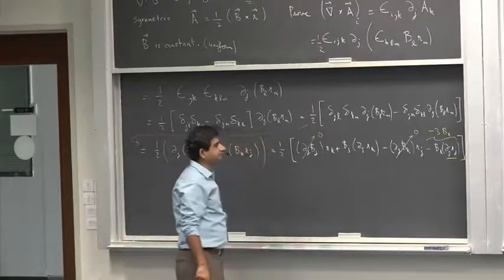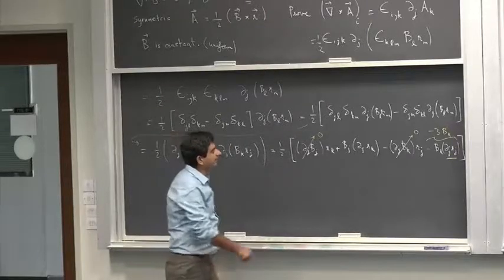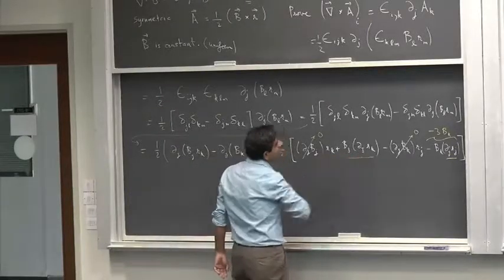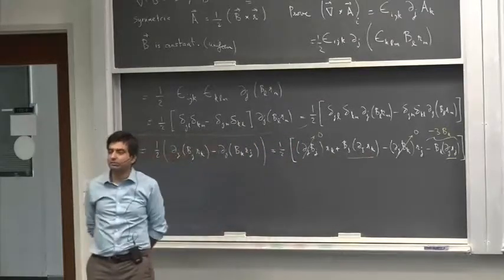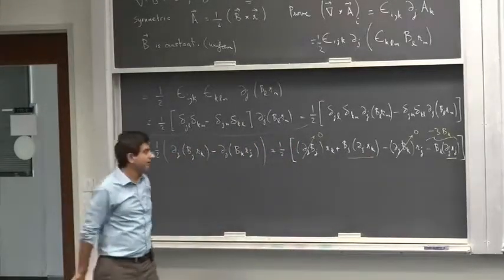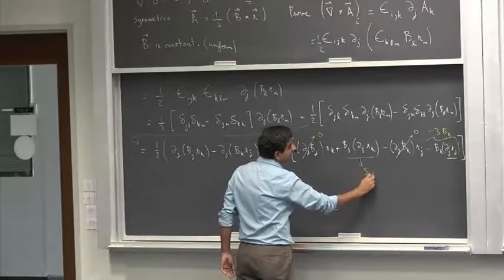Now what is this particular term over here? Partial j r_k. This is a canonical delta function. This is delta jk.